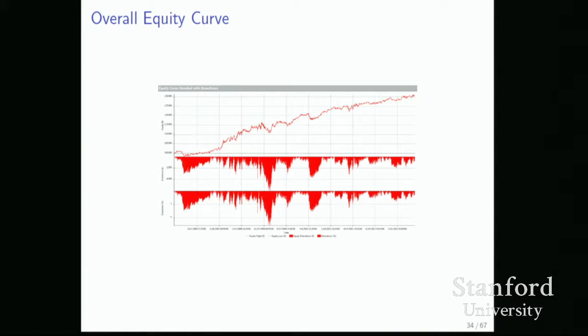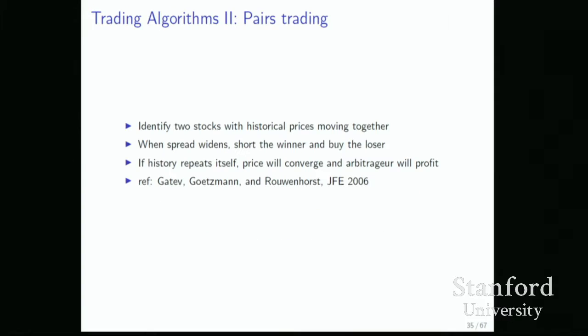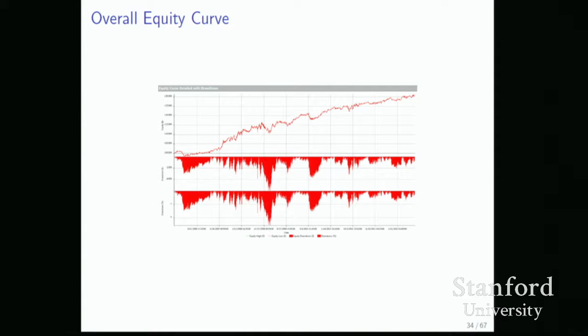Okay. So that would be another graph that you can overlay on this, to see how good this strategy works. Okay. So keep in mind that overall equity curve is probably the most useful graph that I would like you to create. It's the same as that P&L graph that I mentioned in the class.